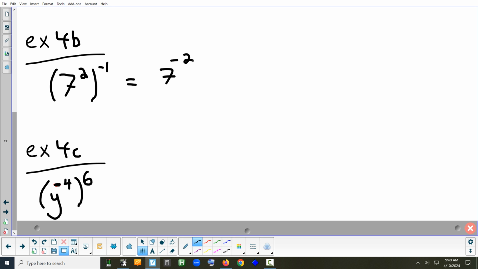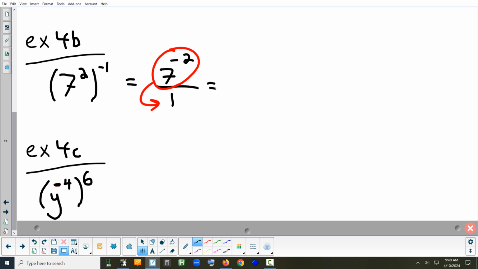Okay, does that have a negative exponent? Yes. Then we need to turn this into a fraction. So we're going to put a 1. And what has a negative exponent on it? The 7. So the 7 with its exponent needs to go to the bottom. What's left in the top?